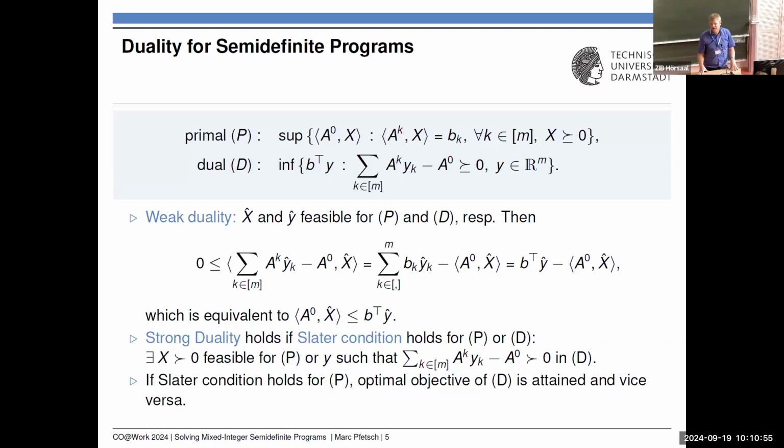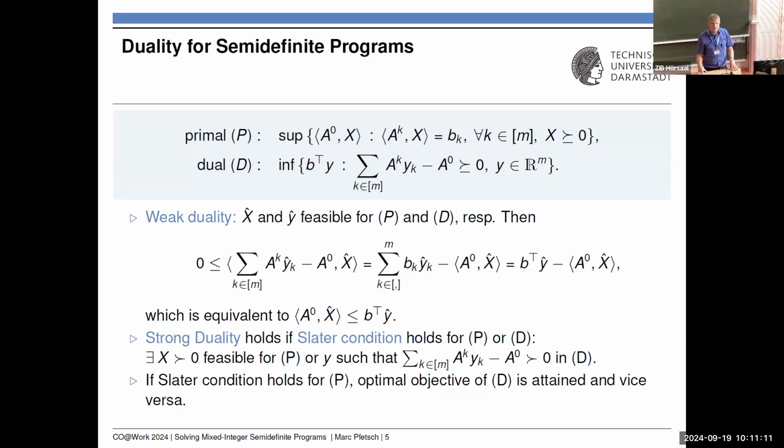That is true as well for SDPs, and that's very easy to see. So imagine both problems are feasible. So we have such a matrix X hat for the primal, and we have a feasible solution Y hat for the dual.